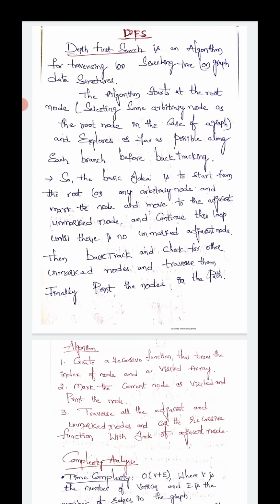Then we backtrack and check for other unmarked nodes and traverse them, and finally print the nodes in the path. This is the basic information about depth first search.